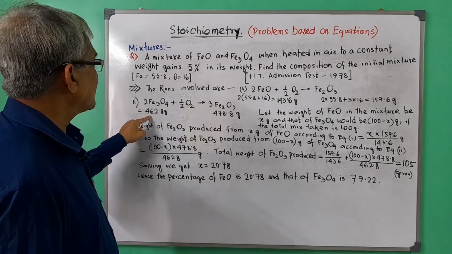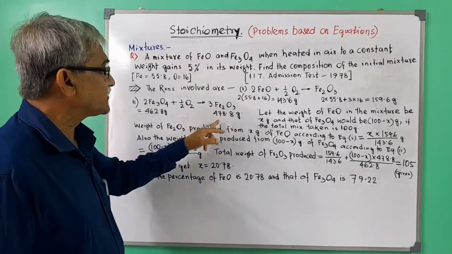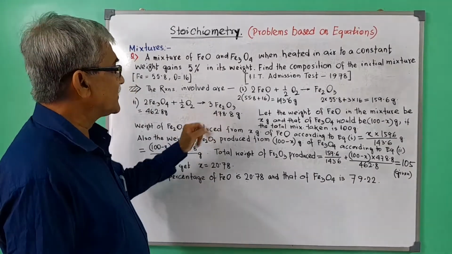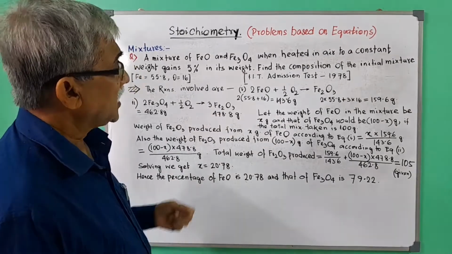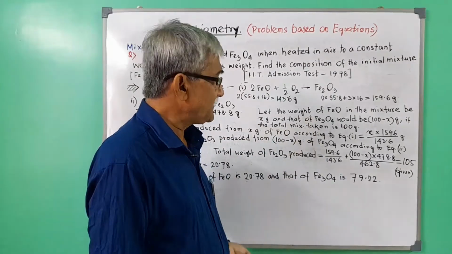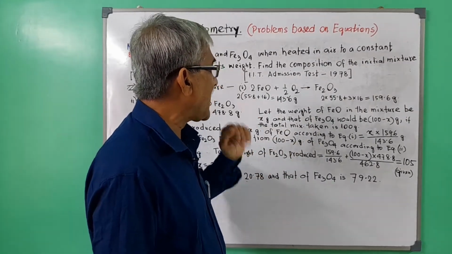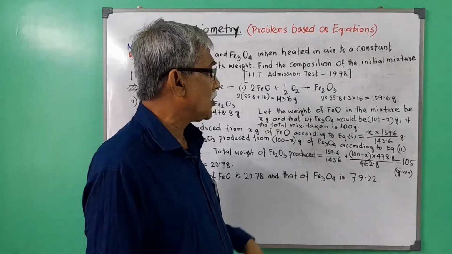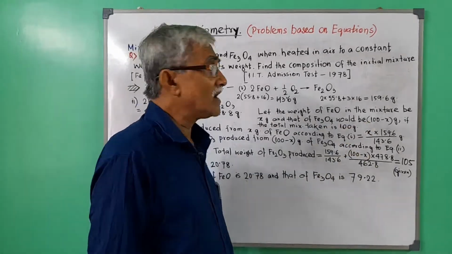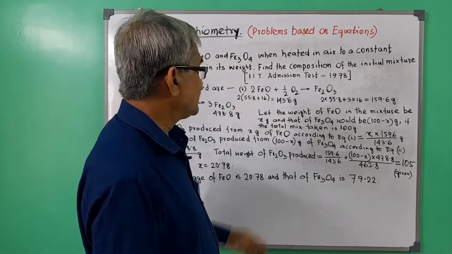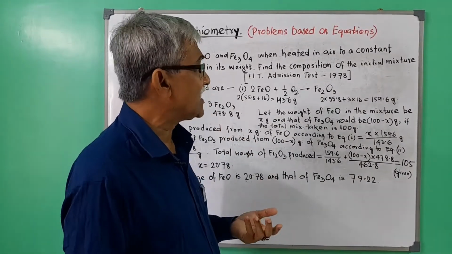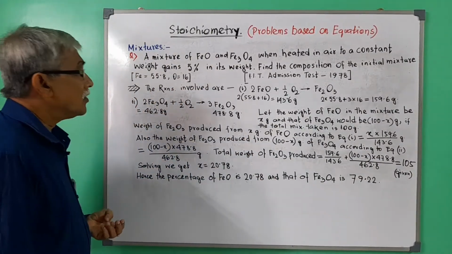Here it is 462.8 grams, you just add it, and it is 478.8 grams. Now let the weight of FeO in the mixture be x grams, and that of the Fe3O4 would be 100 minus x grams, if the total mixture taken is 100 grams.